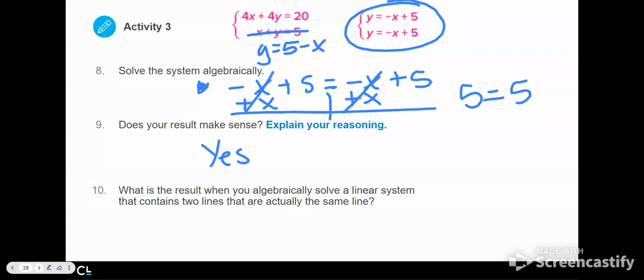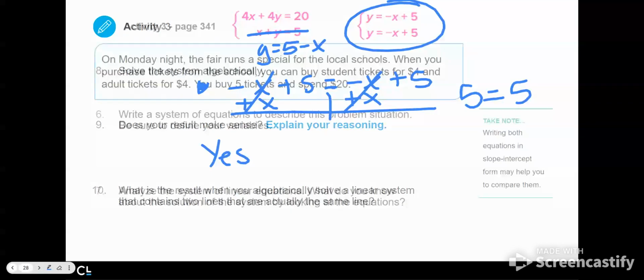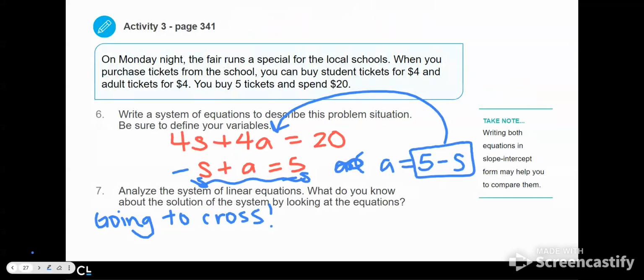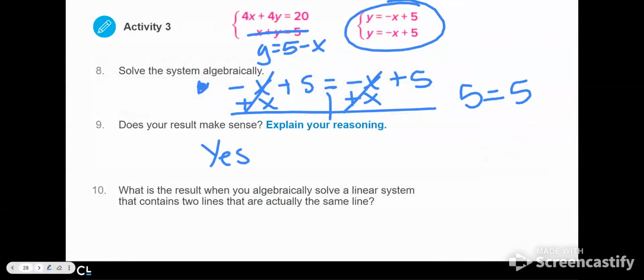Does it make sense? Yes. So if I go back, I'm actually going to have to look back at this. They are not going to cross because they are actually the same line.